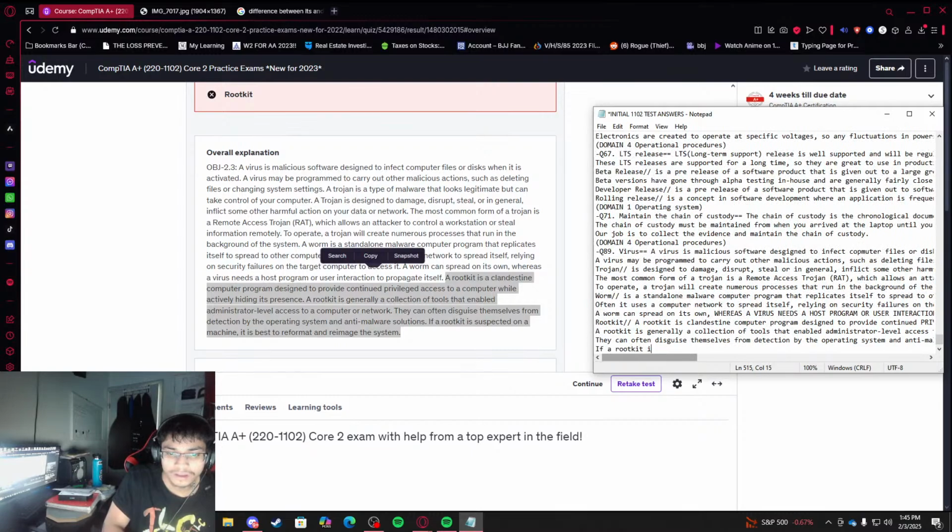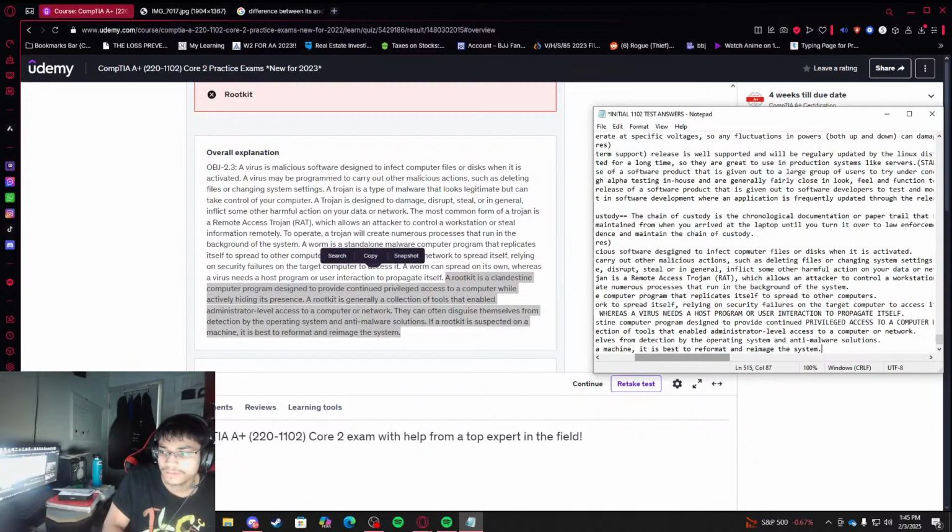If a rootkit is suspected on a machine, it is best to reformat and reimage the system. Okay.